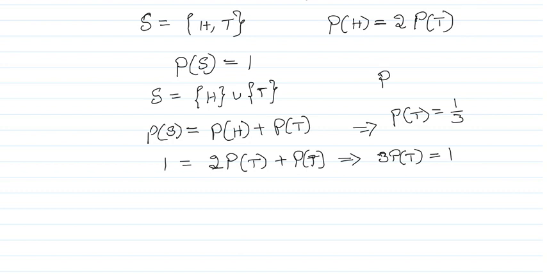So this is how you can see the probabilities. If you take a biased coin, you can clearly see that the outcomes are not equally likely. And this axiomatic definition is very helpful while defining probabilities where the sample space does not have equally likely outcomes.